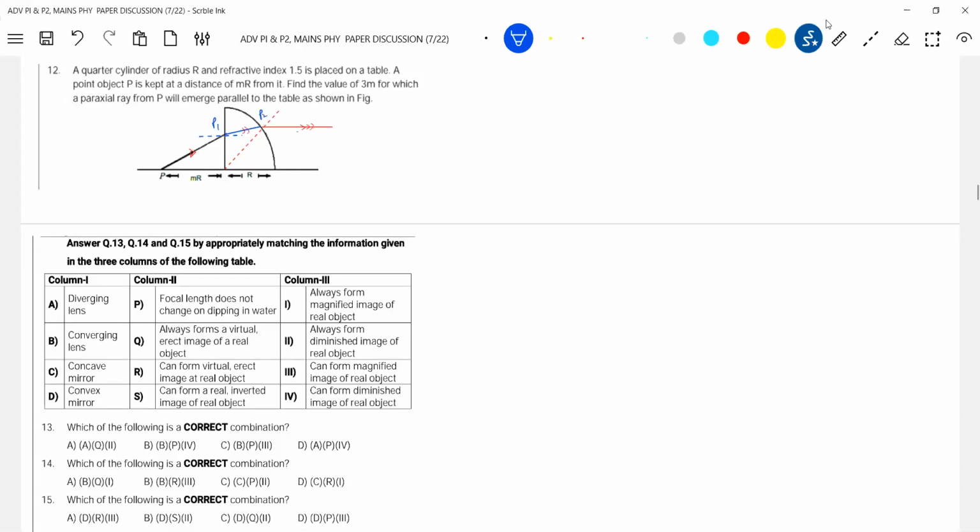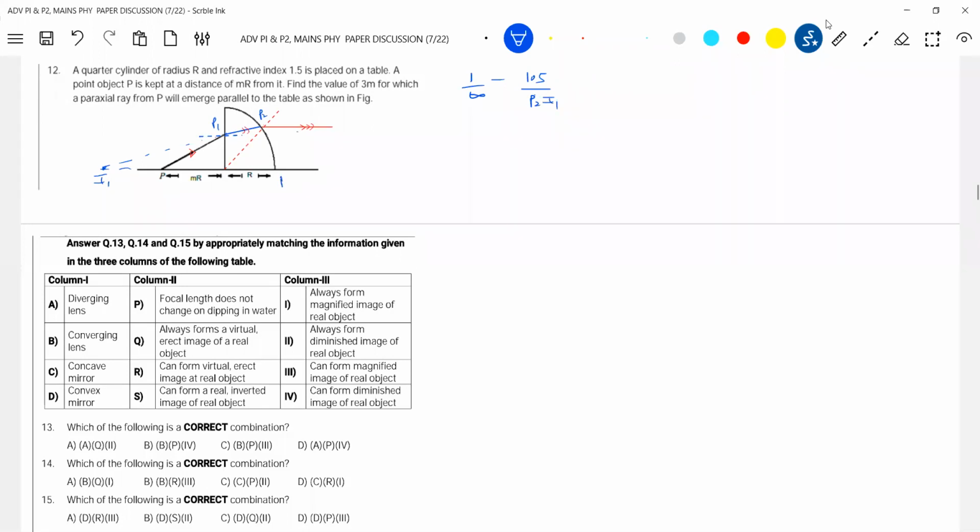First you apply refraction at spherical surface at P2. So this should be 1 by infinity, refractive index of glass 1.5, and the ray appears to come from here, say I1.